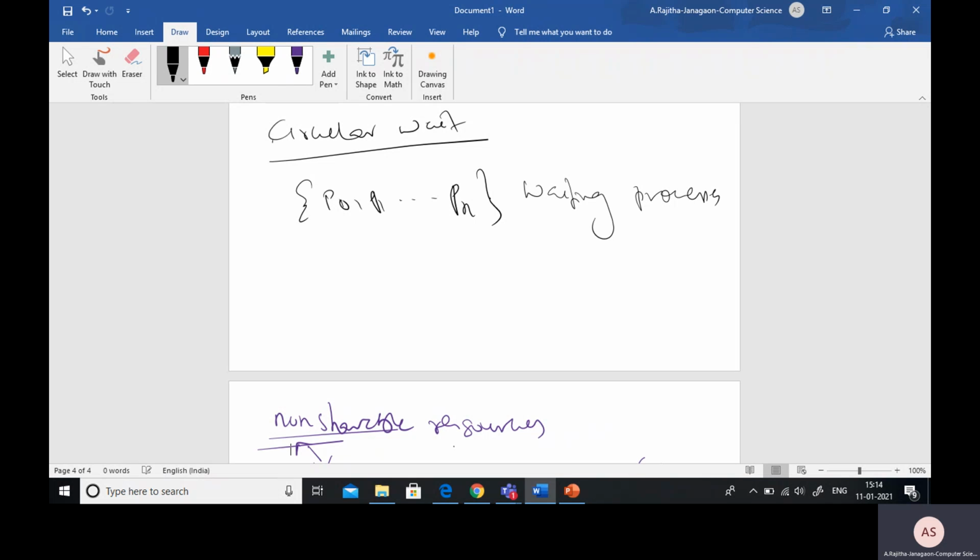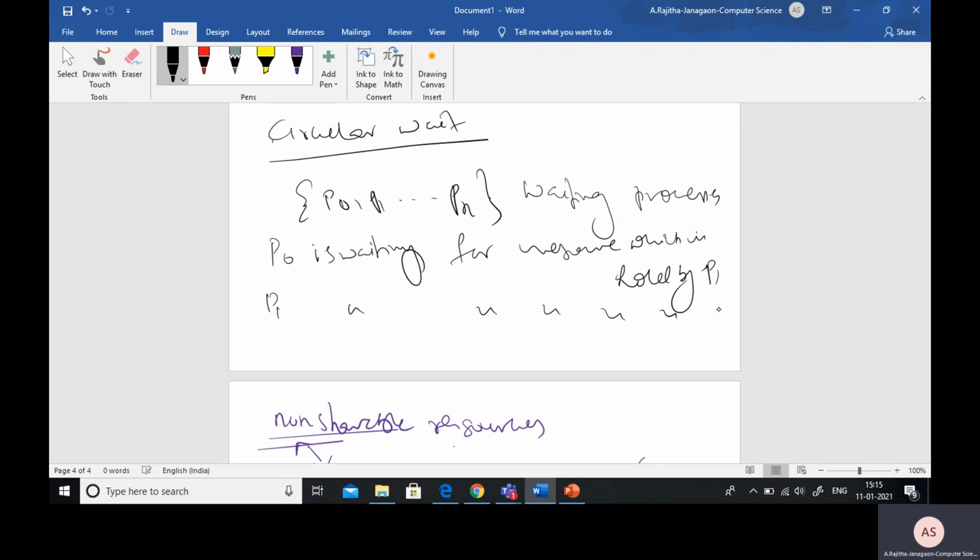These processes must exist such that P0 is waiting for a resource held by P1, P1 is waiting for the resource held by P2 and so on, and Pn is waiting for the resource which is held by P0.